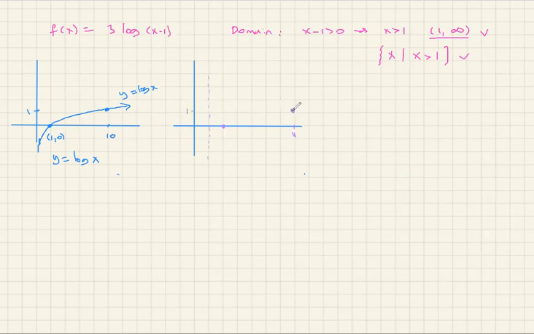And then it's going to be similar to this graph. The only thing is you are moving 1 unit to the right. So it will be like this. Okay, so this is going to be the graph for y equals log base 10 of x minus 1.